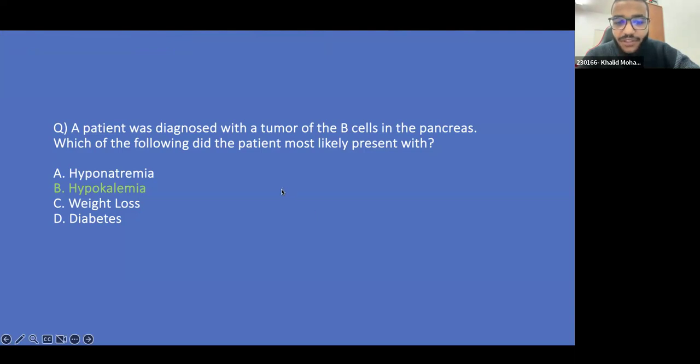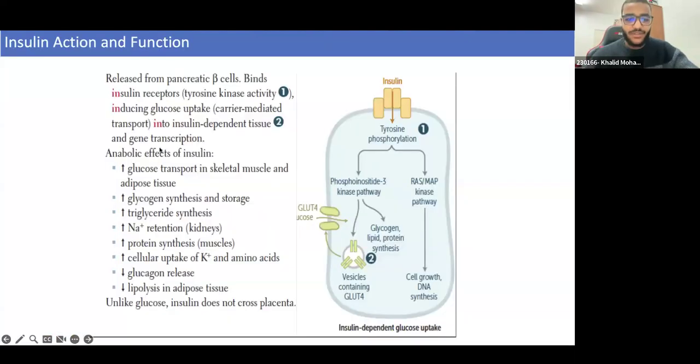So just think about the functions of insulin. Let's look at them quickly. Obviously, insulin wants the glucose in, okay? It wants it inside the tissues. So it will increase uptake in almost all the tissues except the brain, because the brain is not insulin dependent. So it won't depend on insulin to uptake glucose. It will just be constantly uptaking glucose.